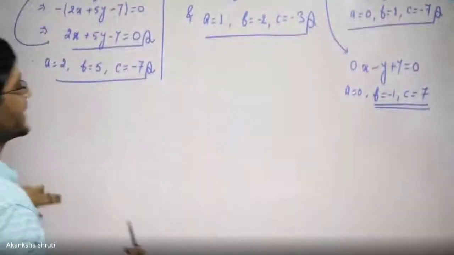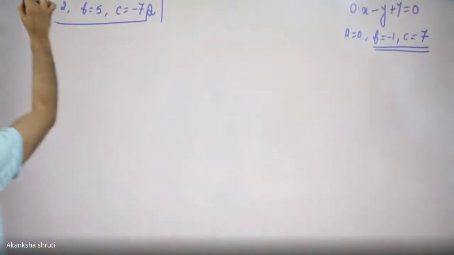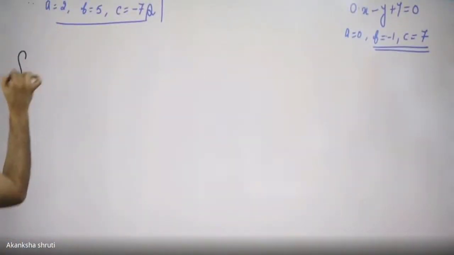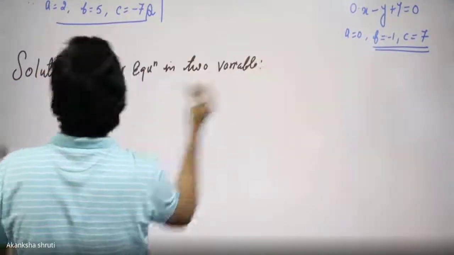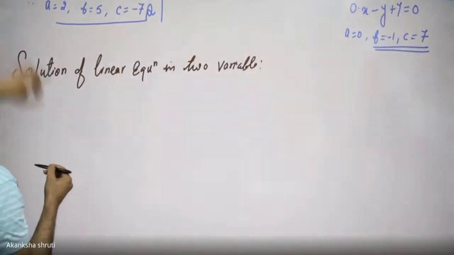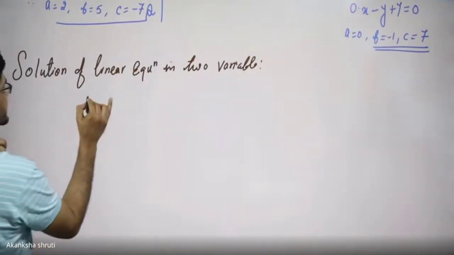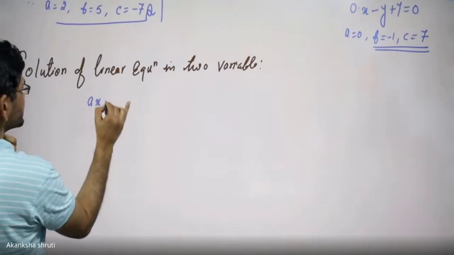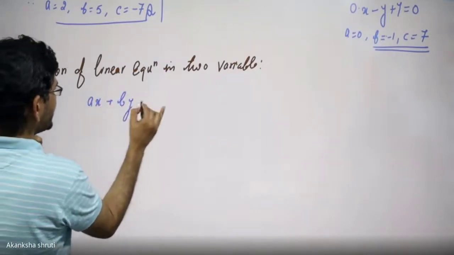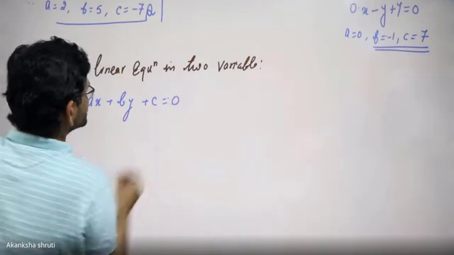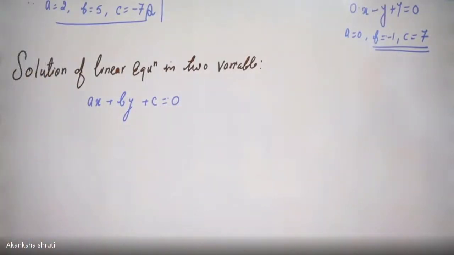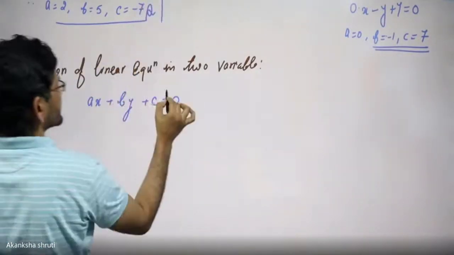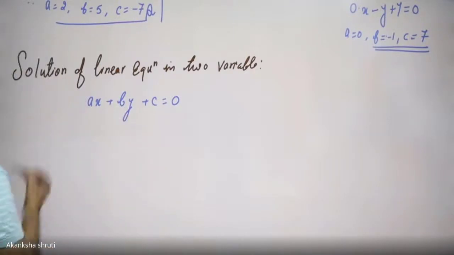Students, then the next part is the solution of a linear equation. Students, the two variable equation, the general form is ax plus by plus c is 0. This is the most general form of the linear equation in two variables.